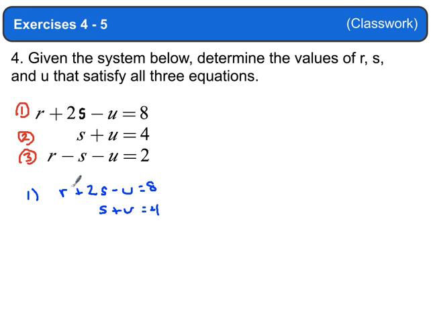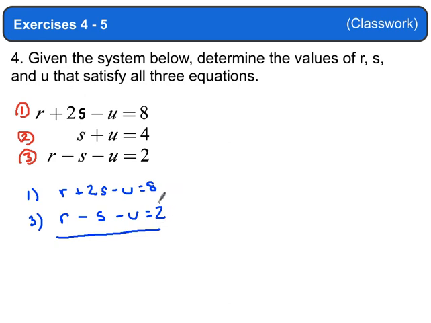What may work out better is, and this is where I warned about special cases, instead of doing 1 and 2, in this choice, I'm going to choose to bring together 1 and 3. And the reason why I'm doing that is because there's no r value here, and so I want to try to avoid using that if I can. And so now if I bring in equation 3, we have r minus s minus u equals 2.